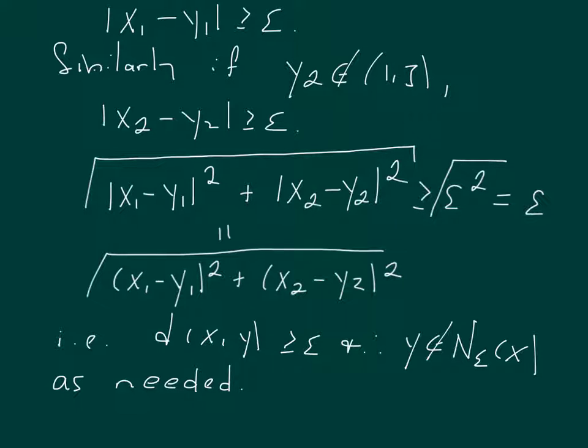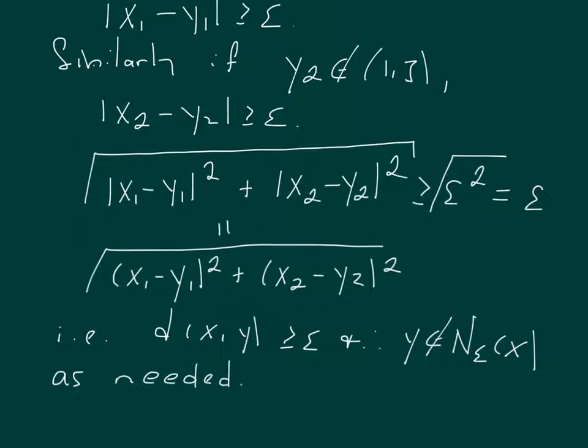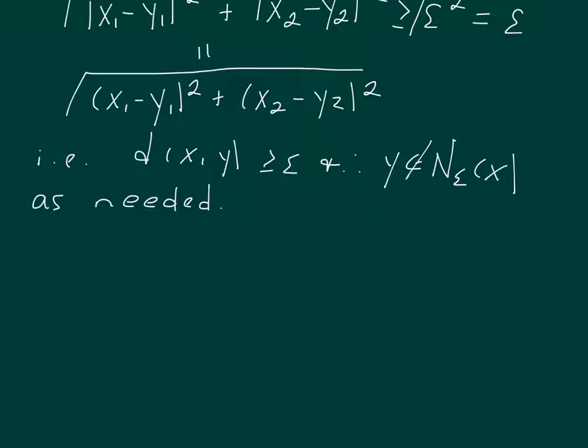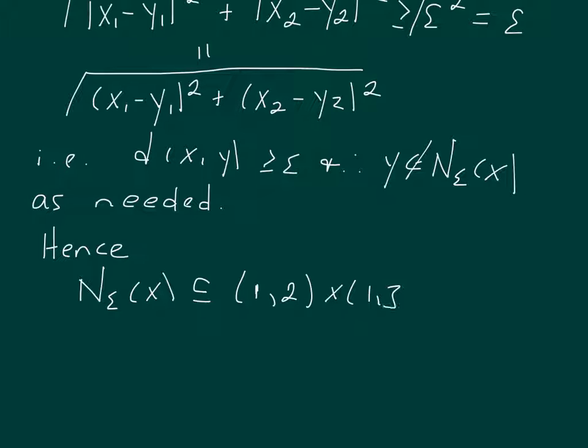Alright, so what have we shown? We've shown, as we said before, that the epsilon neighborhood about our x as chosen is indeed in (1,2) cross (1,3), which is contained in E. Okay, so what have we shown?